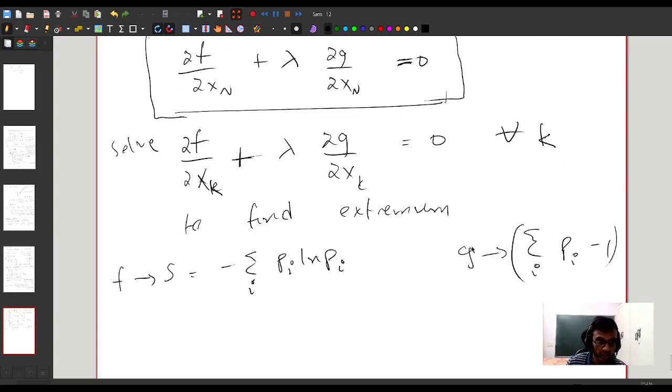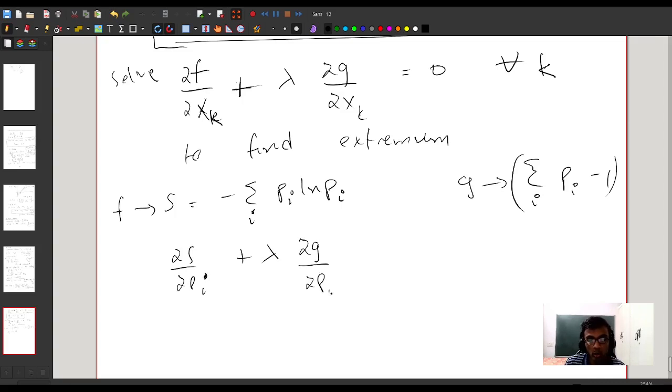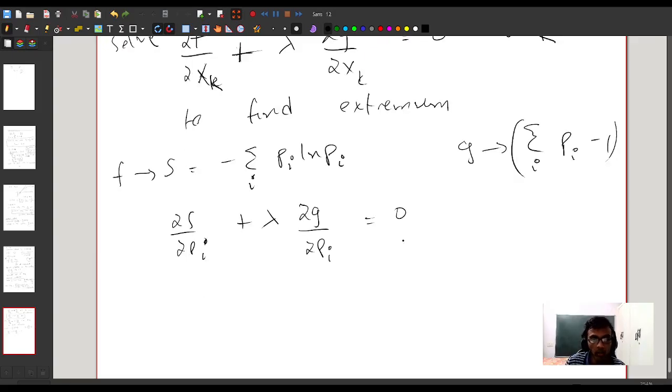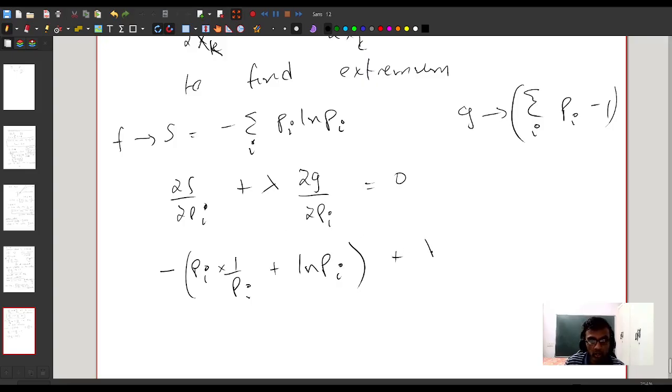Quickly we can see that the condition should be ∂S/∂pi plus lambda times ∂g/∂pi, which is 1, equals 0. So ∂S/∂pi would be minus (pi times 1 over pi plus log pi), and this thing is just lambda.